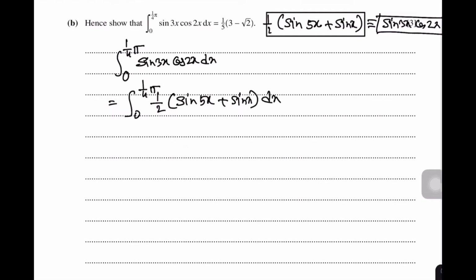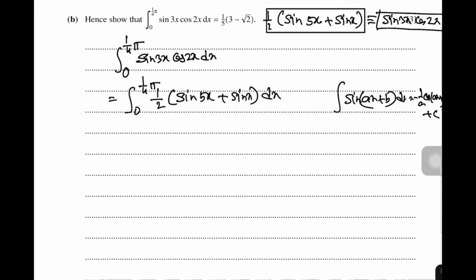Now let us do simple integration. The integral of sin (ax plus b) dx equals minus 1 by a cos (ax plus b) plus c. Let me integrate sin 5x, that is minus 1 by 5 cos 5x, minus cos x.